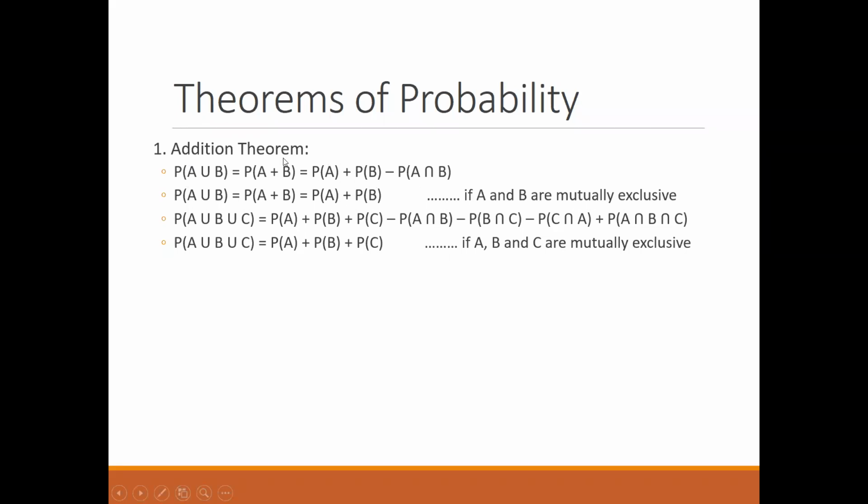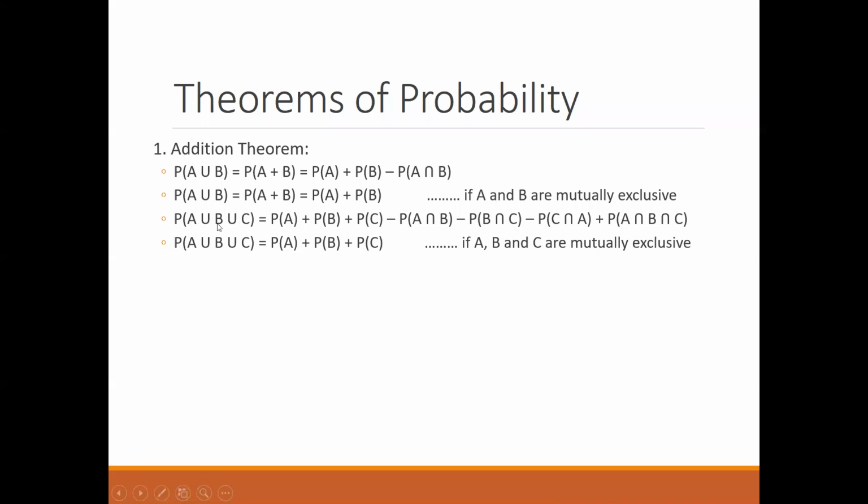And then there are two varieties of addition theorem. One where the events are not exclusive, and in the other one, both the events A and B are mutually exclusive. Similarly, I have taken an example of 3 events here, the addition rule for 3 events.